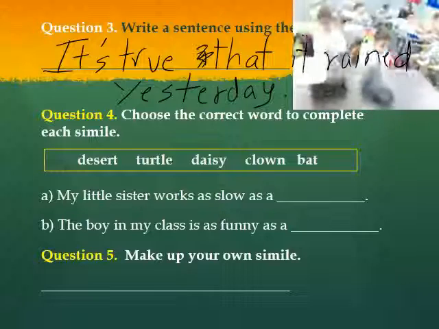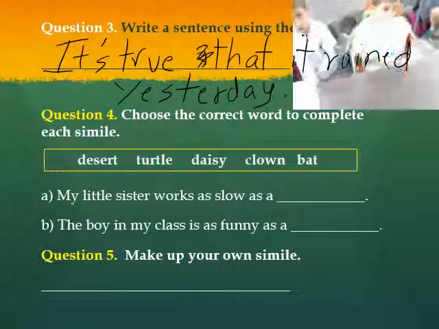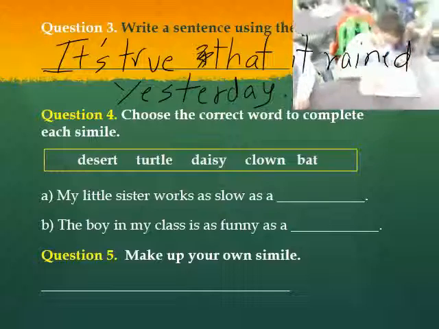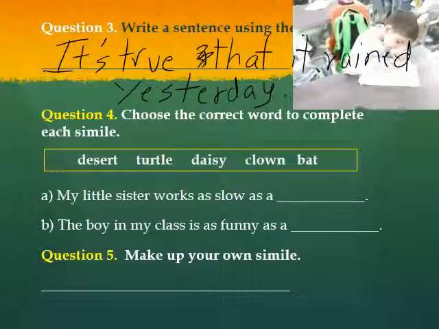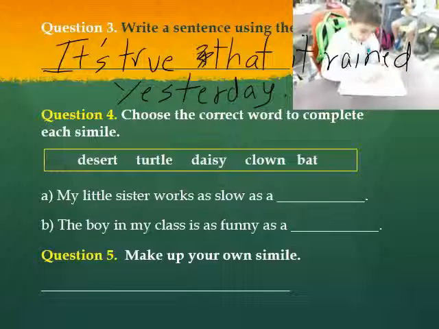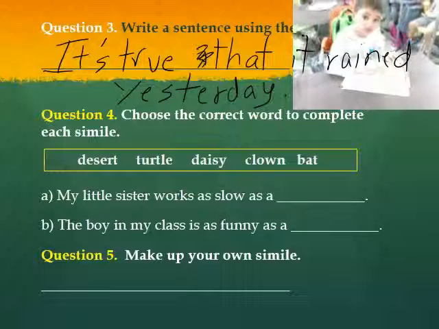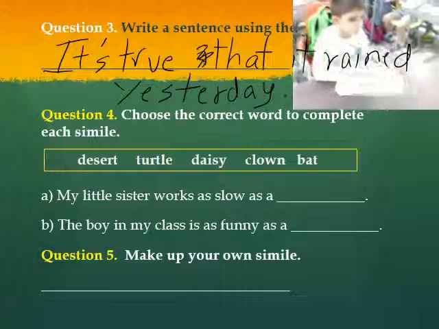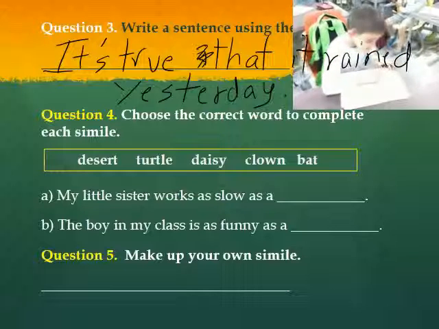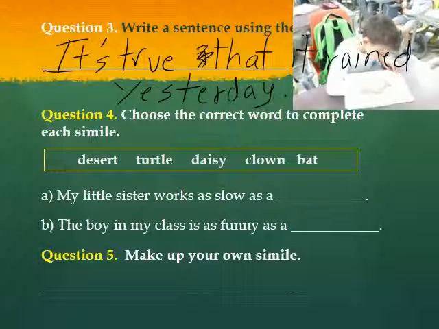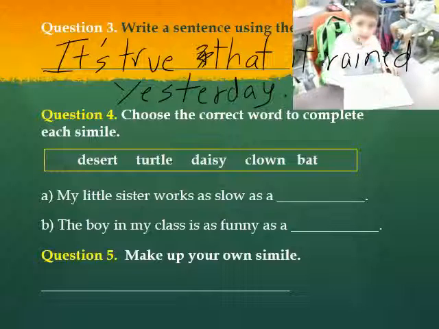Okay? Ali, read question A. My little sister works as slow as a. Okay, before you answer, read for us the words in the box. Desert, turtle, daisy, cloud, bat.